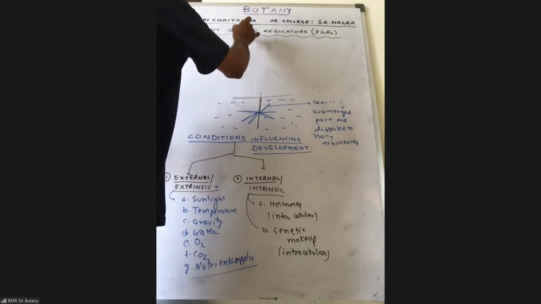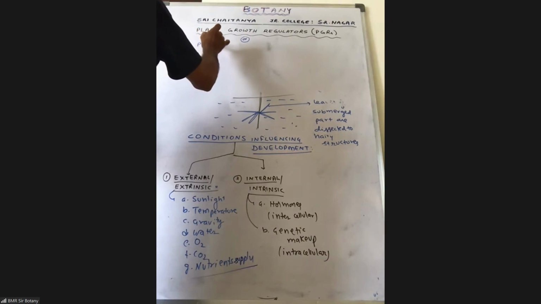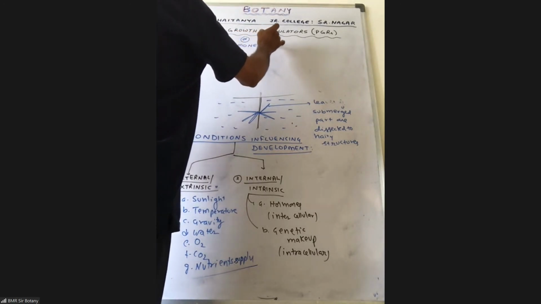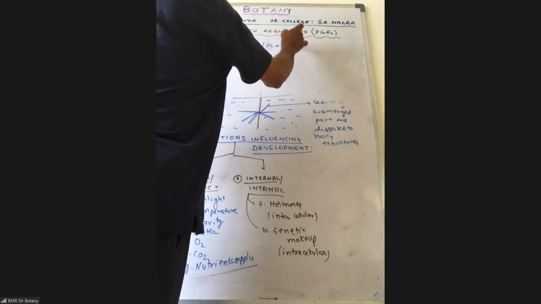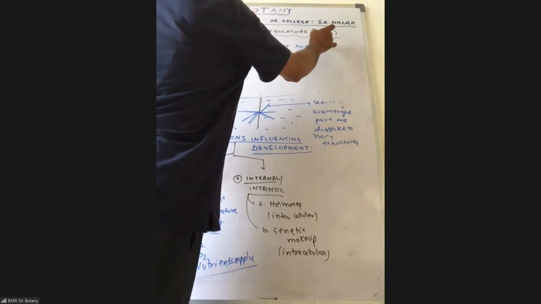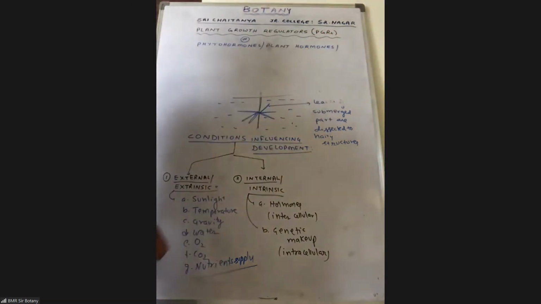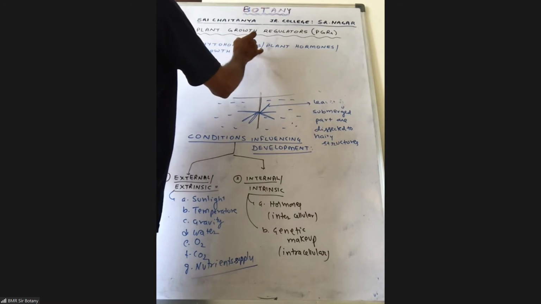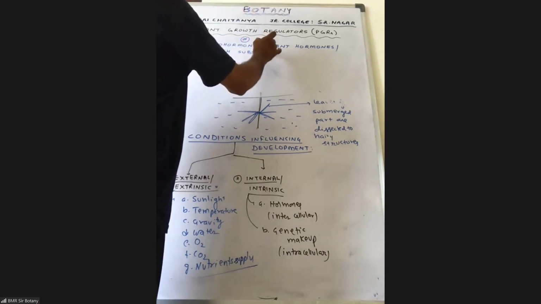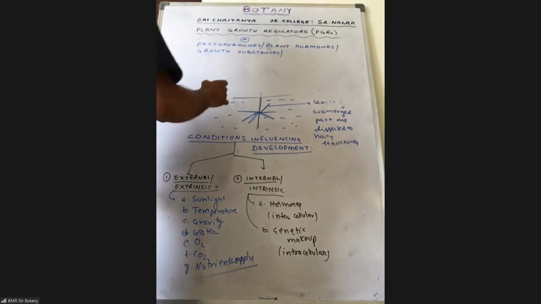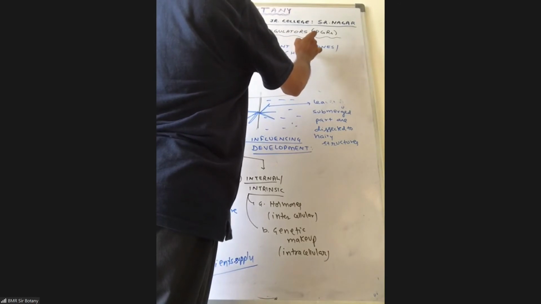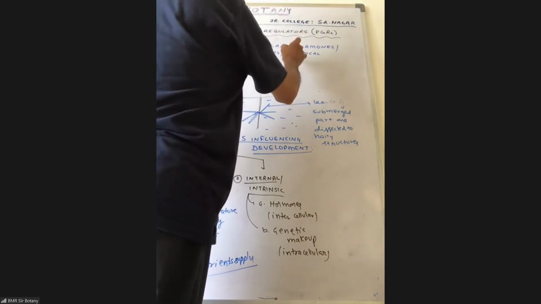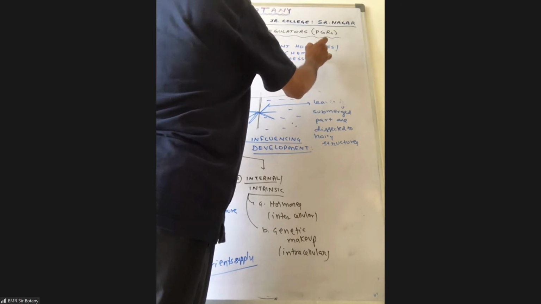They are also called phytohormones or plant hormones, or growth substances, or chemical messengers.